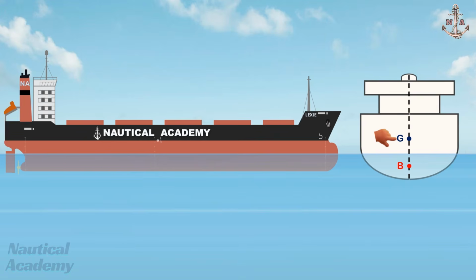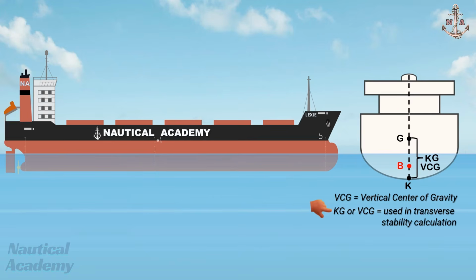Let's assume that the ship's center of gravity is here, along the centerline. The vertical distance measured from the keel to the ship's center of gravity is called kg, or VCG, vertical center of gravity. kg is used in transverse stability calculation.